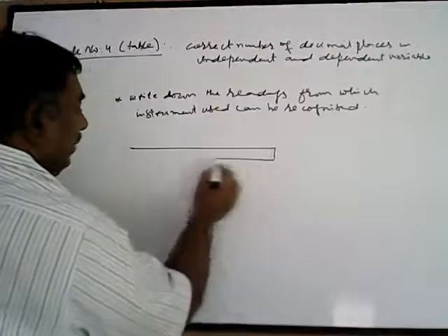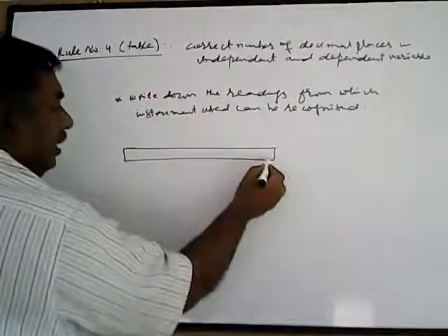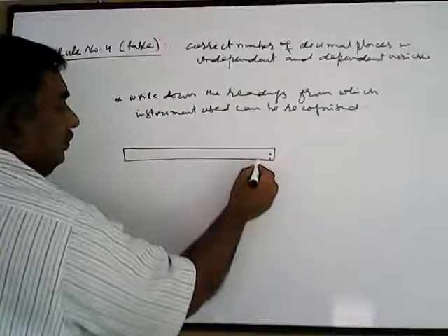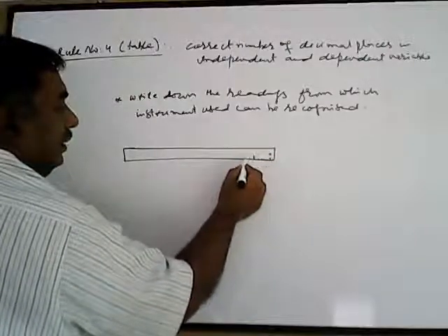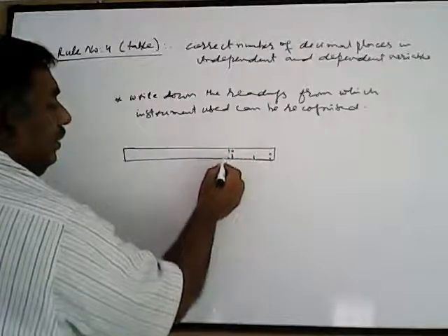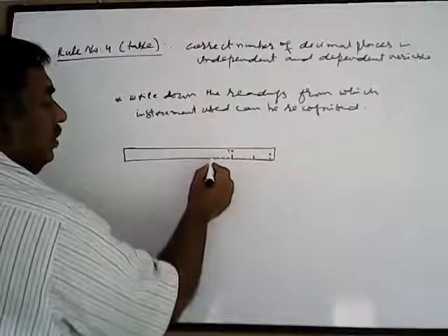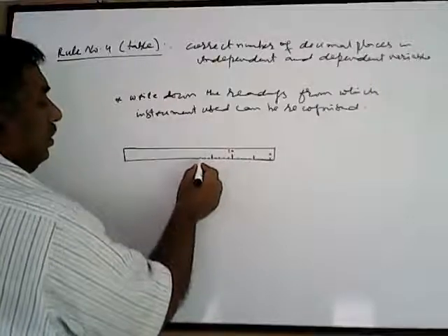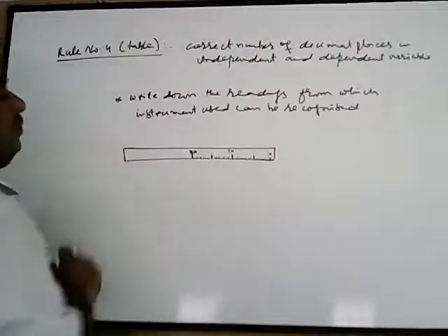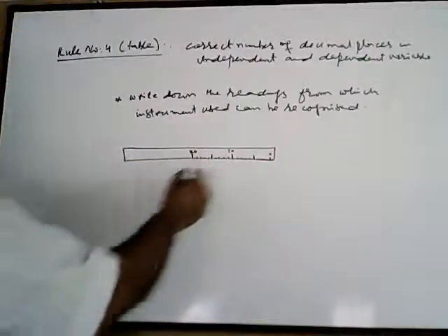For example, if I want to use a meter rule, suppose this is 0, 1, 2, 3, 4, 5, 6, 7, 8, 9. This is 10 millimeters, 11, 12. Now this is in millimeters.